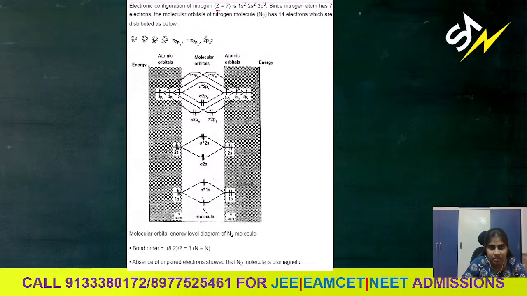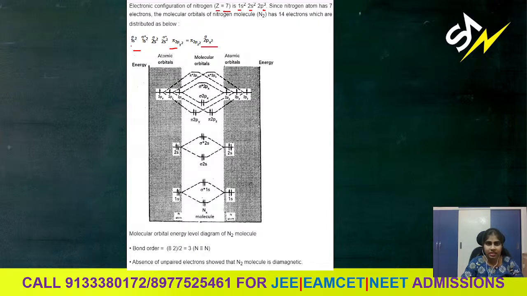For nitrogen, atomic number is 7, which has an atomic electronic configuration of 1s2, 2s2 and 2p3. Let us write the molecular electronic configuration. So molecular configuration is written in the form of sigma and pi, right? So practice these energy diagrams thoroughly. See the difference between nitrogen and oxygen.